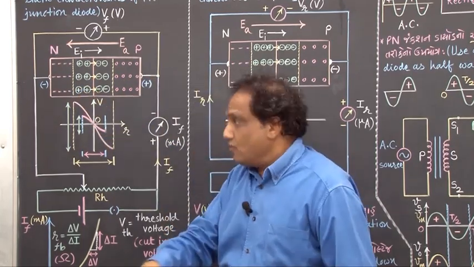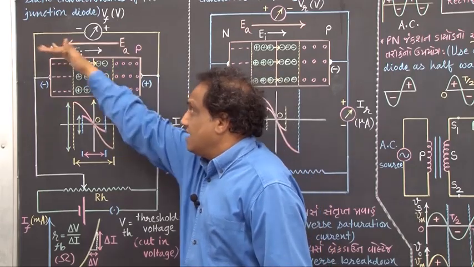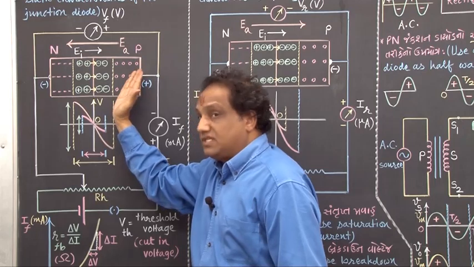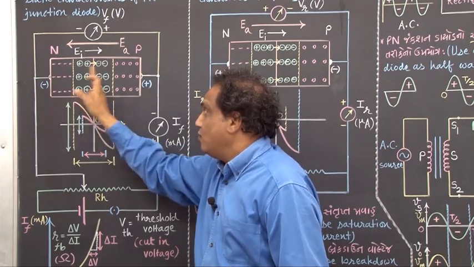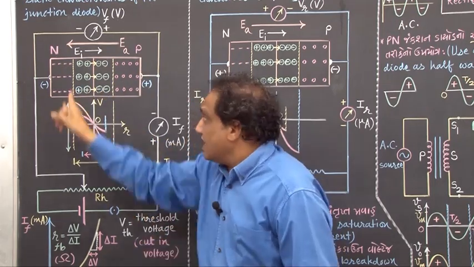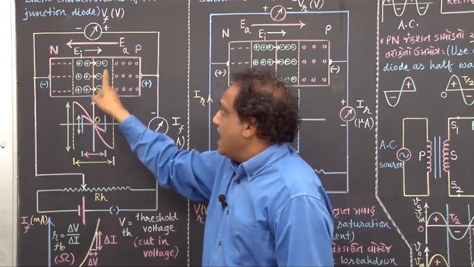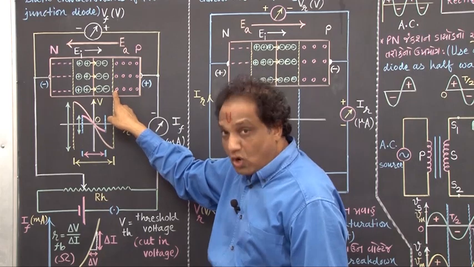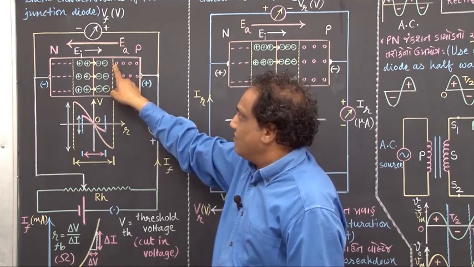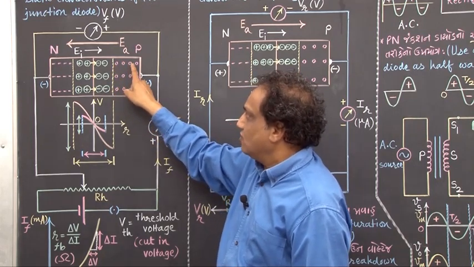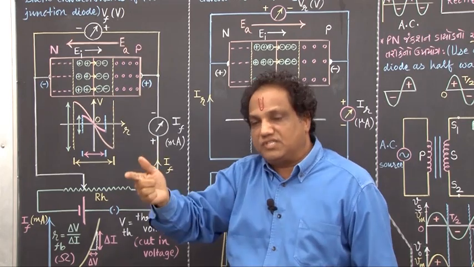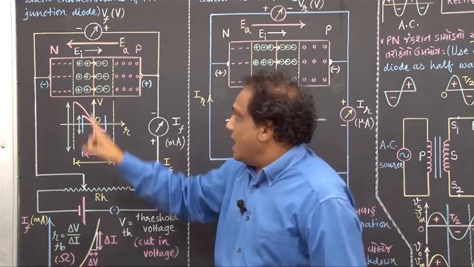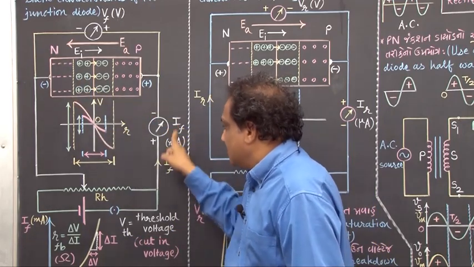Correct? Now, because of this resultant electric field towards the left side, these electrons now can transfer themselves from N to P type semiconductor. They can cross this electric field and they can come here. When they come here, they will associate with these holes, and then after jumping from one to second, second to third, third to fourth, likewise they will be jumping from one hole to another in the form of bound electrons, and then flow of electrons will start this way.